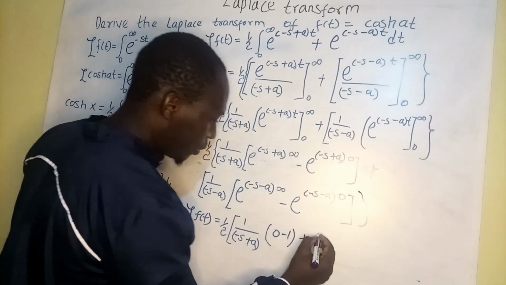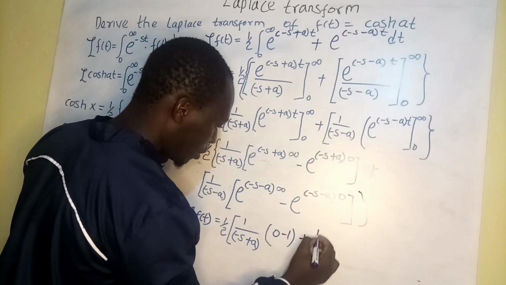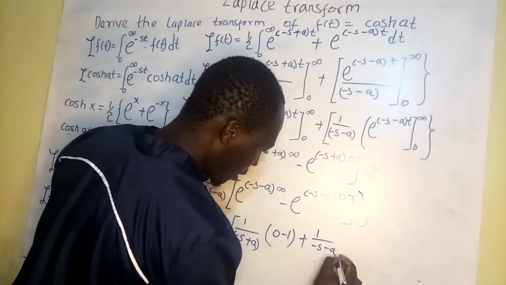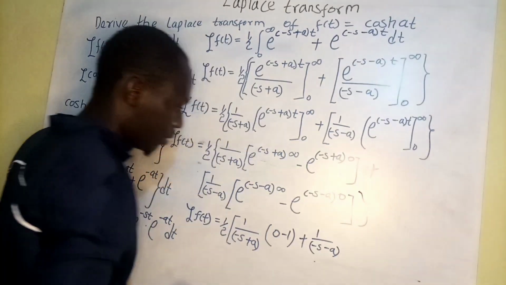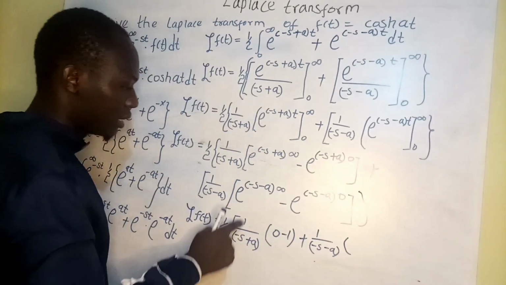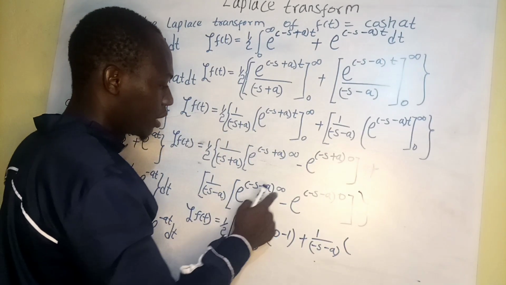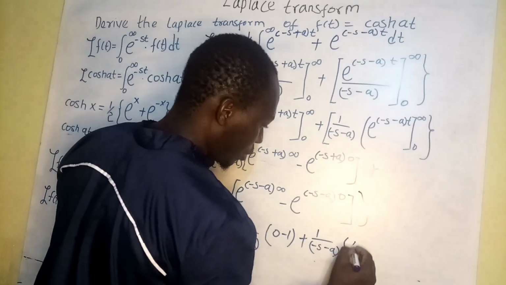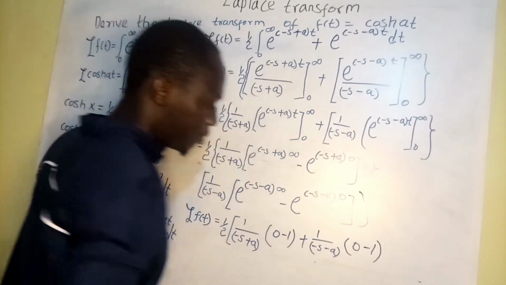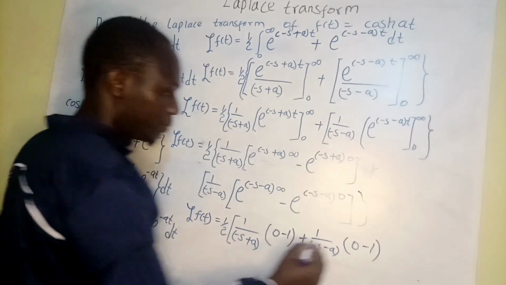At this point we are going to have 1 all over a negative of s we subtract from a. And we know that exponential raised to a power of an infinity we are going to have 0. And here we are going to have a negative of 1.